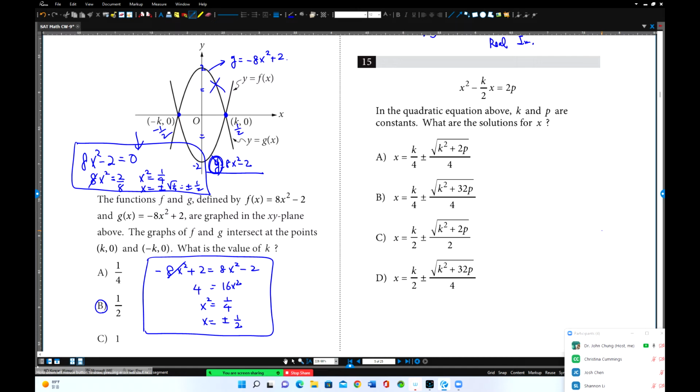x squared minus k over 2 times x equals 2p. Right, this one uses the quadratic formula. When you take a look at choices A, B, C, D, the solutions are all expressed in irrational form. That means we are going to use the quadratic formula.